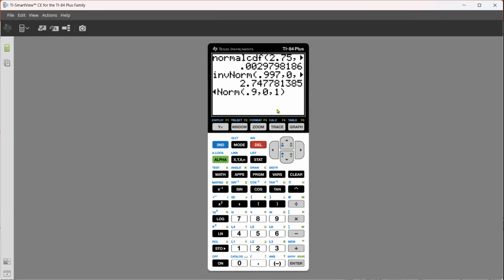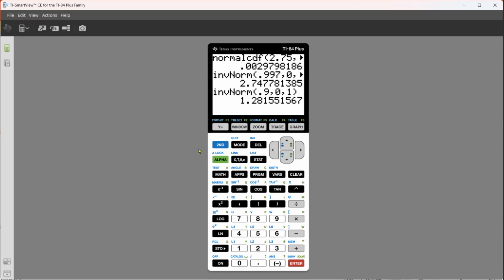Then I'm going to come over here, and that's going to give me 1.28. Is that what everybody got? So inverse norm of 0.90 gives this, which is my z.